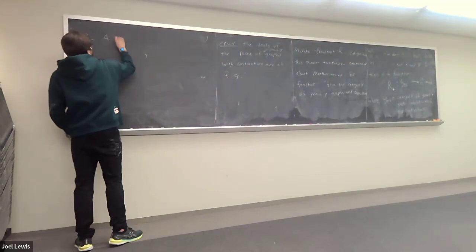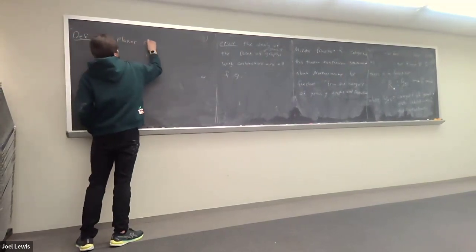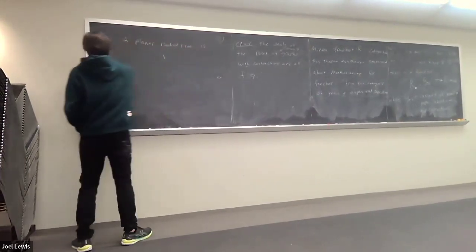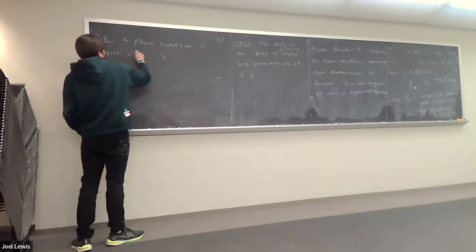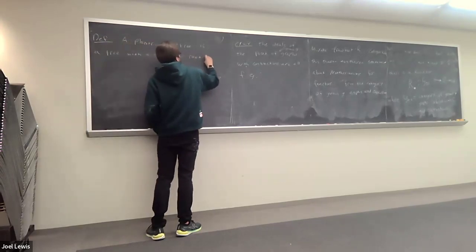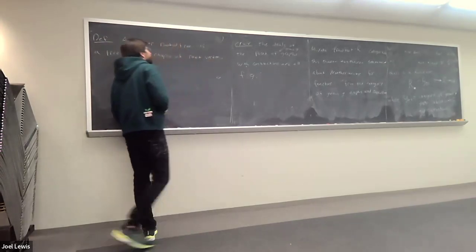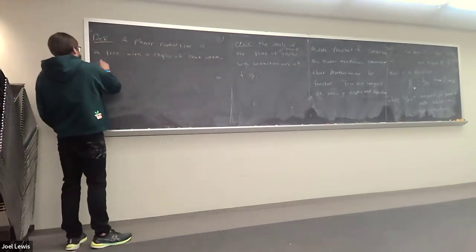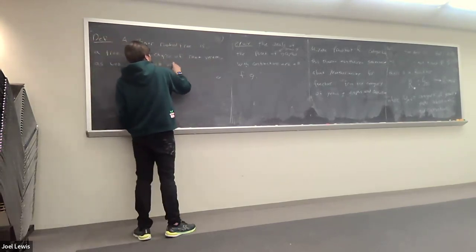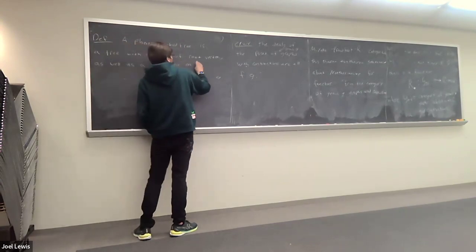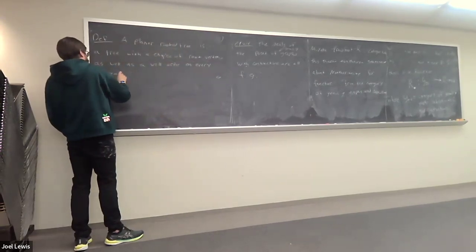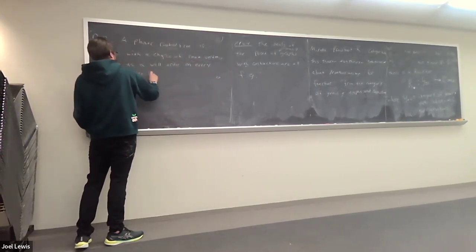Definition: a planar rooted tree is a tree with a choice of root vertex, as well as a well-ordering on every outgoing edge from every vertex.